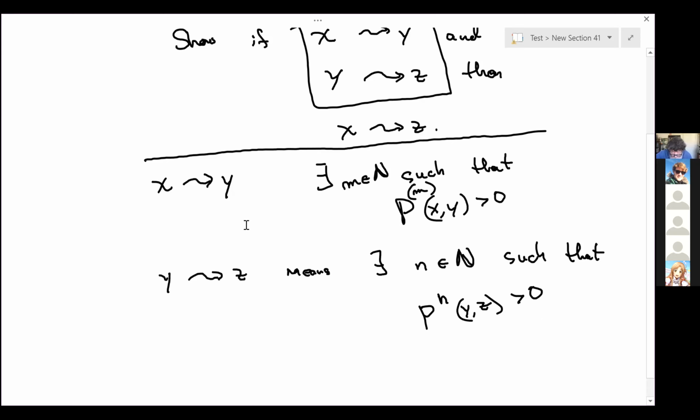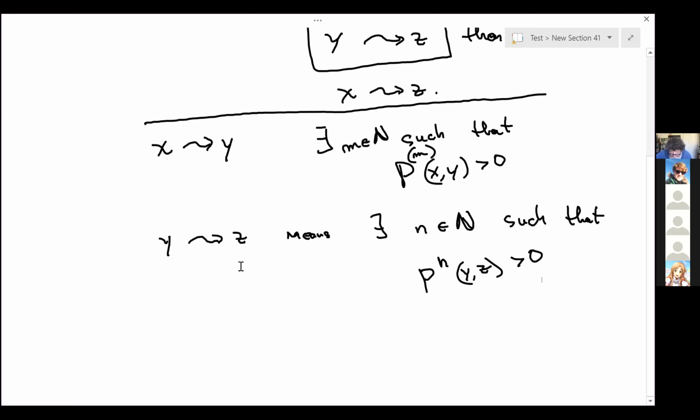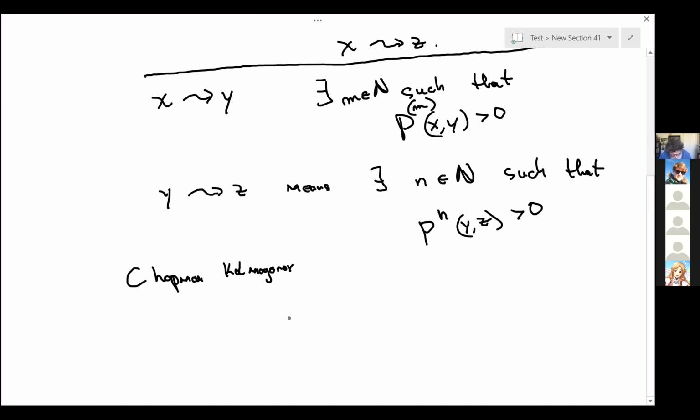And what we'd like to show is that there is a way to get from X to Z. And I think you were going to use equation 28. I would probably use something that comes to mind. For me, I would use the Chapman-Kolmogorov equation. Because what does that say? And then I'll get back to what you're saying in a minute.